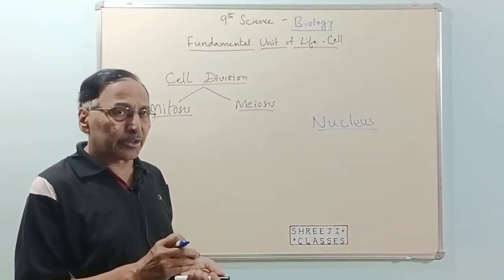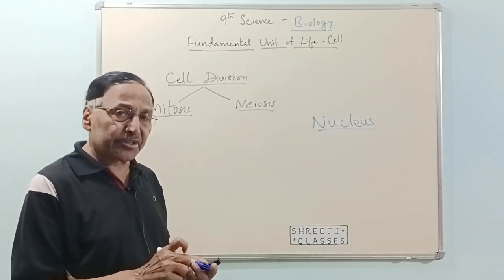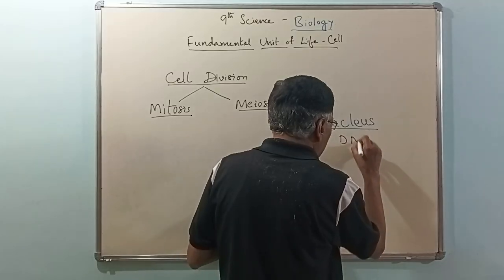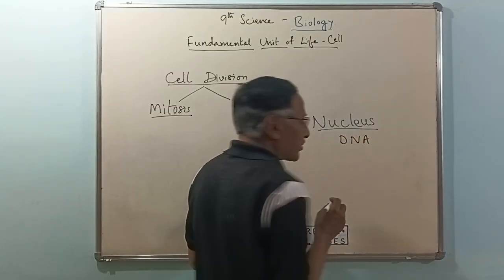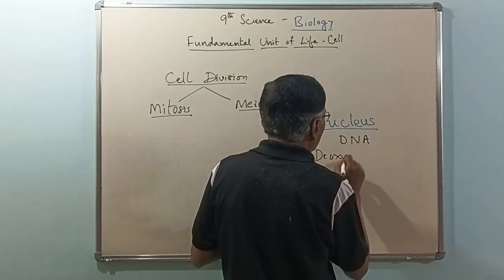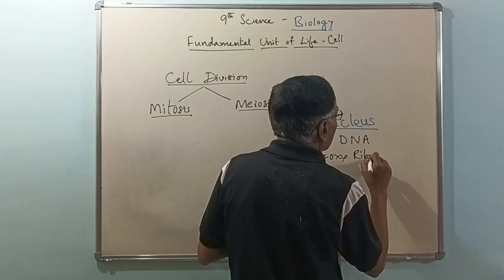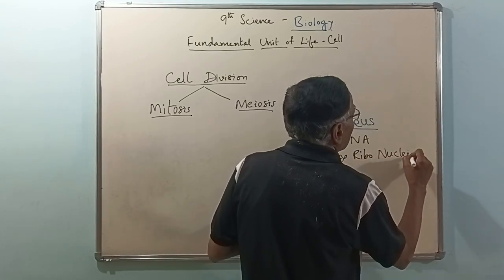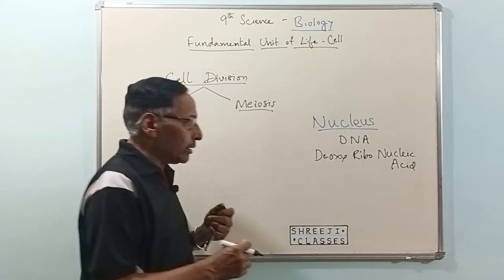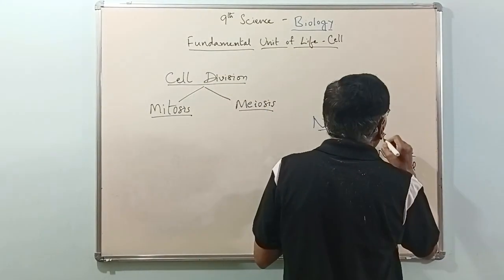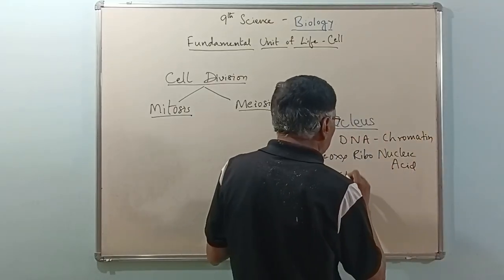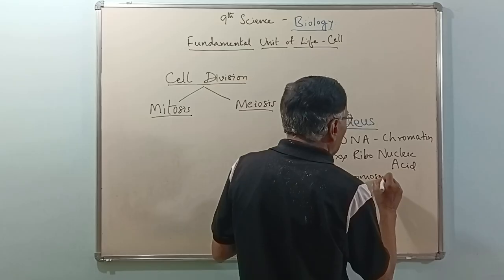Now this nucleus, as I told you in my last video, contains the genetic material or the hereditary material called DNA, that is deoxyribonucleic acid. This DNA is present as chromatin, and this chromatin changes into chromosomes during cell division.